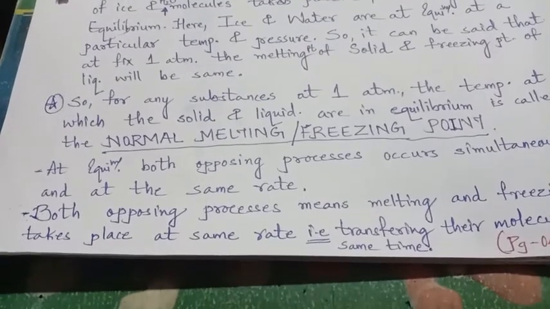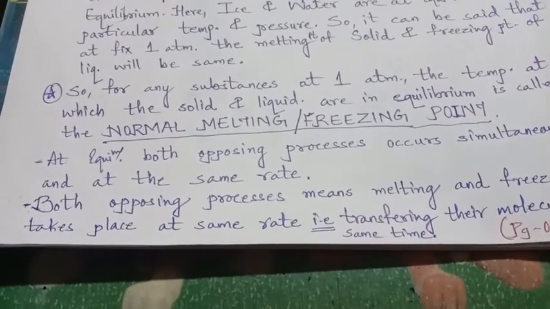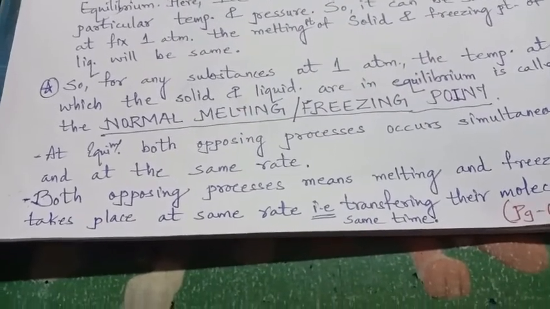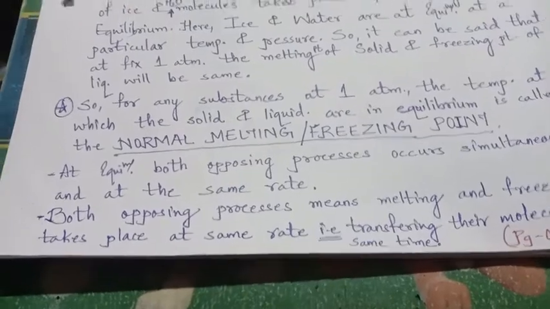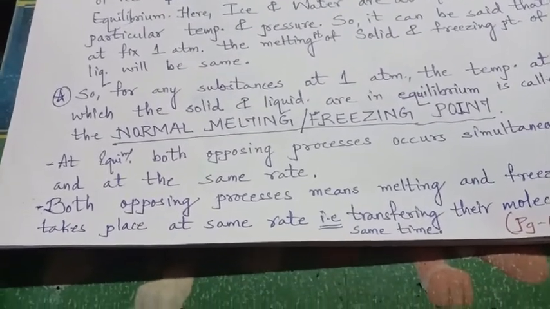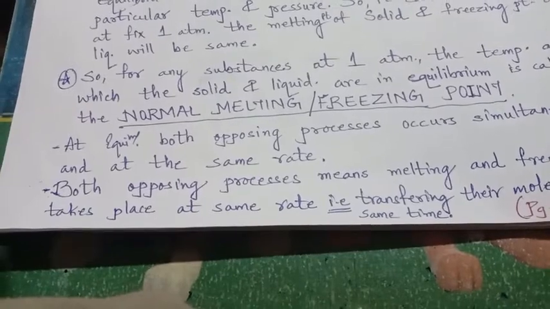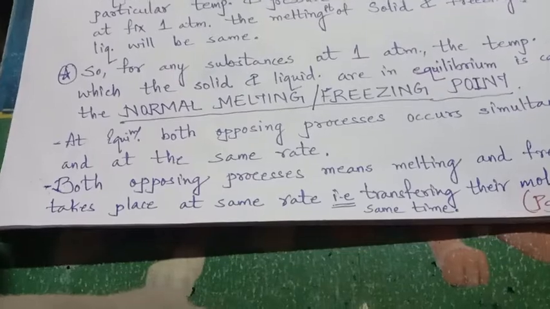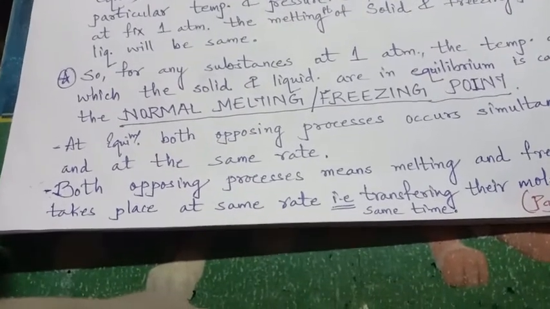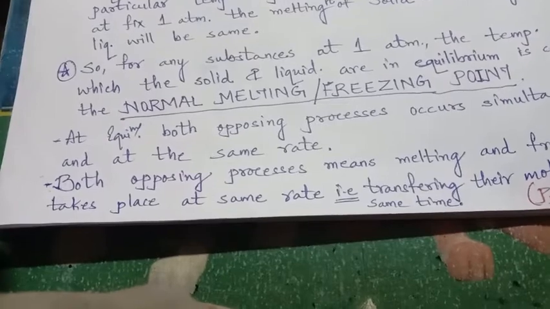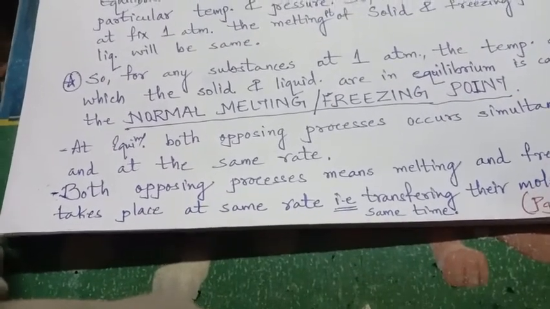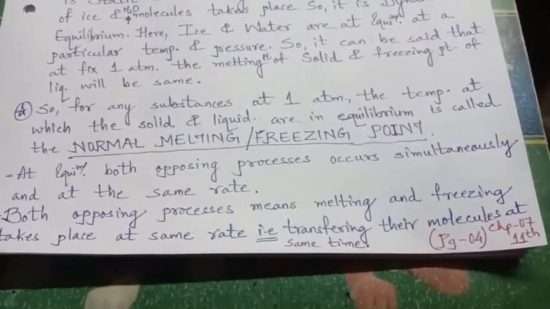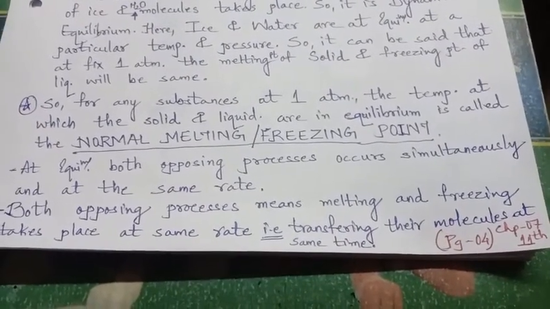It's not that molecules of ice will convert to water and molecules of water will convert very slowly to ice. But if both are transforming at the same speed, then we can say that equilibrium is attained, and at equilibrium the opposing processes occur simultaneously and at the same rate.